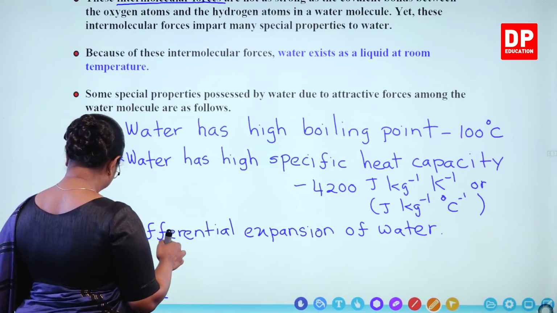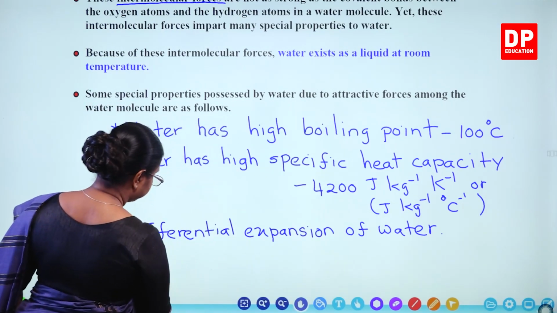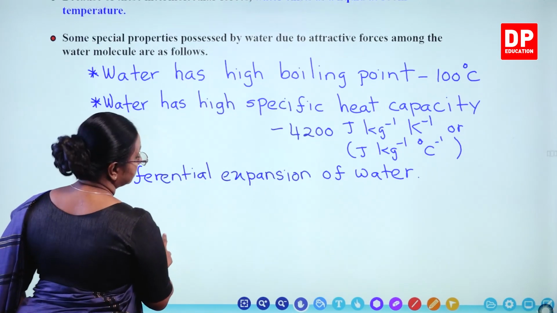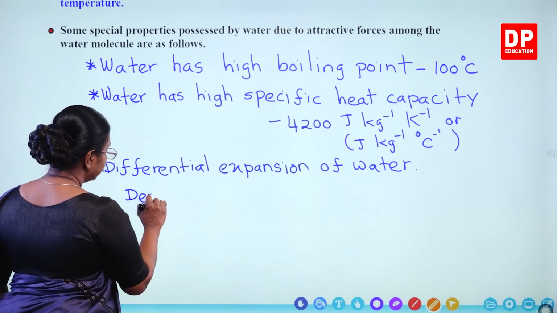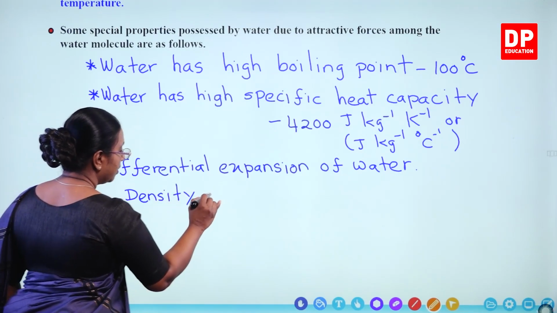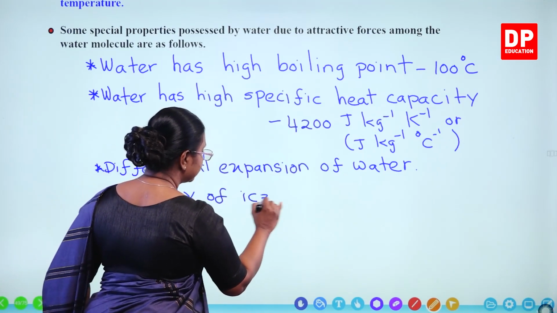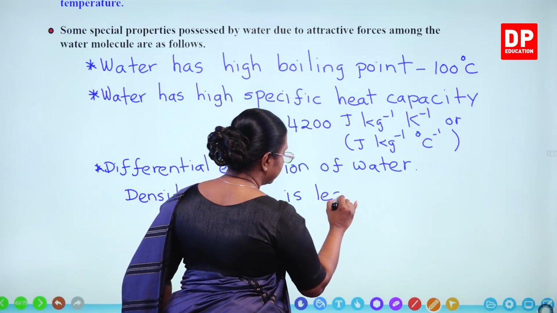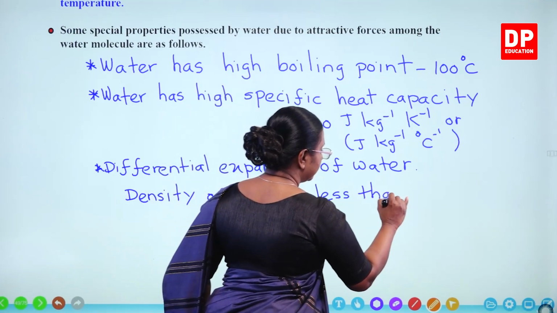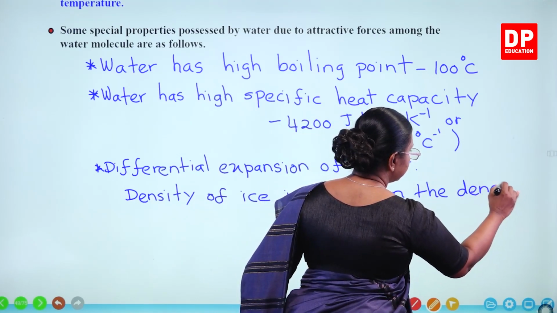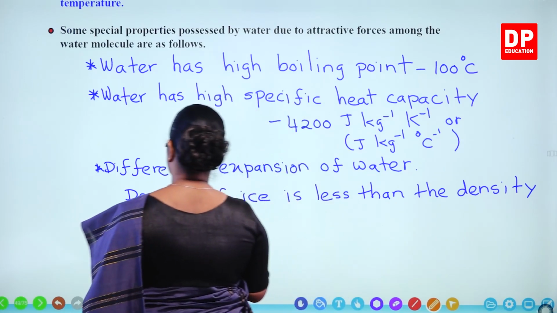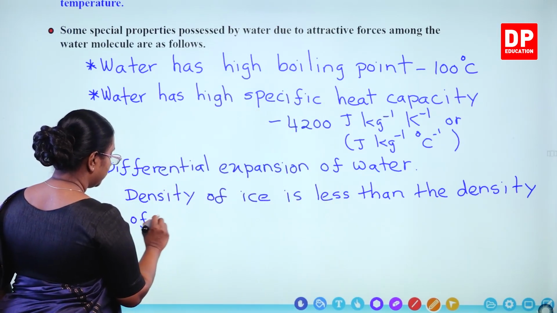So here, density of ice is less than the density of water.